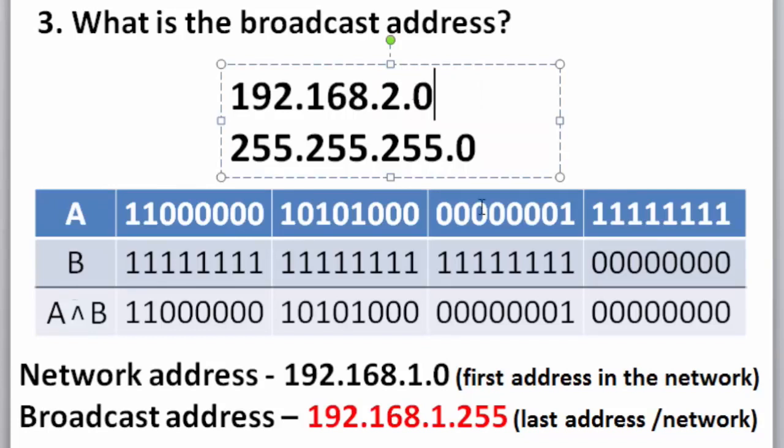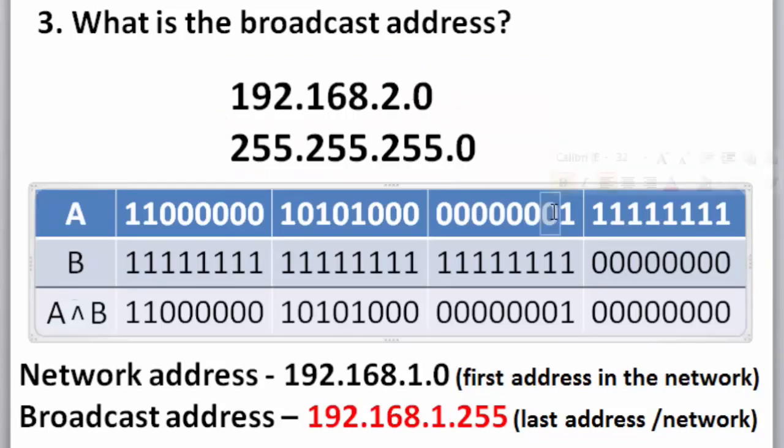Now if we go to the next higher address and jump up from 1.255 to 2.0, let's say, we'll change it here, put a 1 here, and a 0 here, so now that's a 2, and we change this to all zeros. You can see that we're going to get a different result. Notice the ANDing operation.